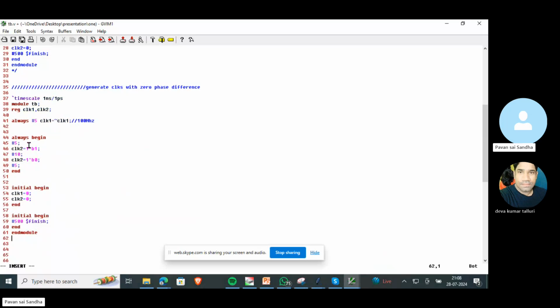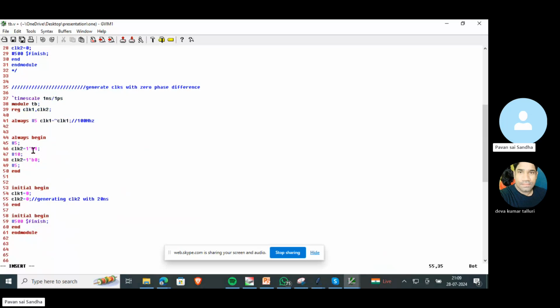And I'm just explaining. I will show the simulation also. For the next 10 nanoseconds, it will be in high position. And here I want to show that I am generating clock 2 with 20 nanoseconds.